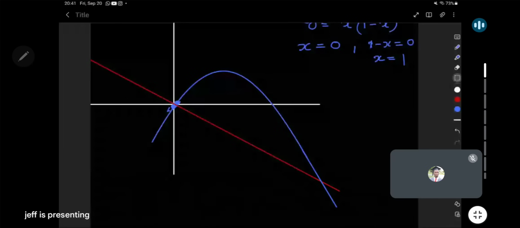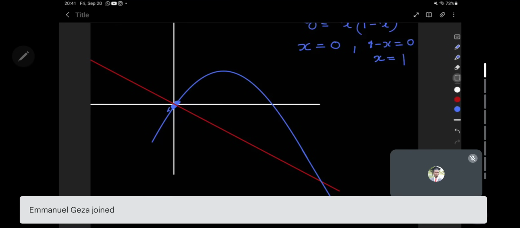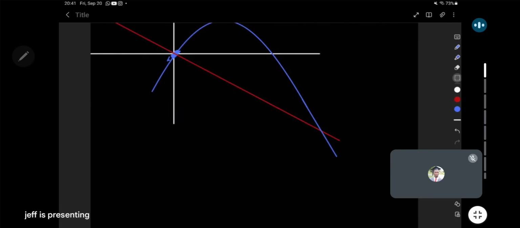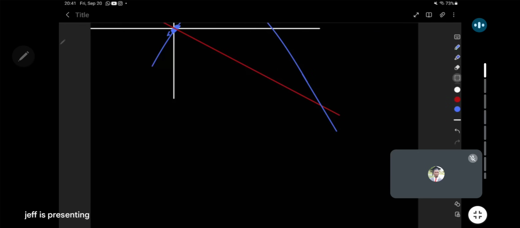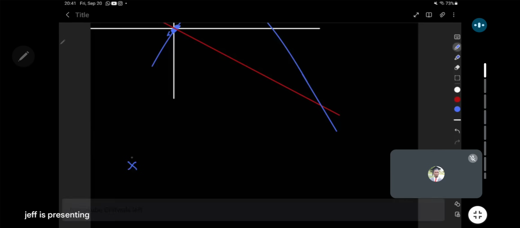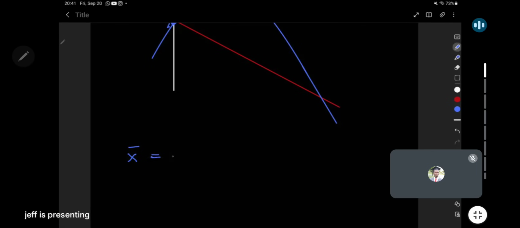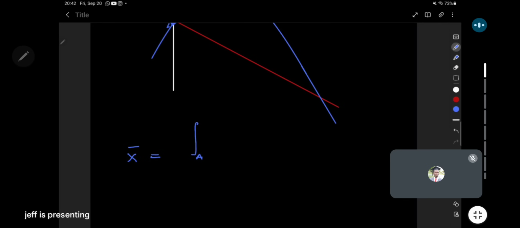To do that, let's first understand the formulas we're going to use. Here, we're going to go directly to get the center of mass, the x coordinate. Here, we're going to have both coordinates, the x and the y. The x coordinate here is going to be obtained by integrating. Since this is an area, this is going to be an area integral.